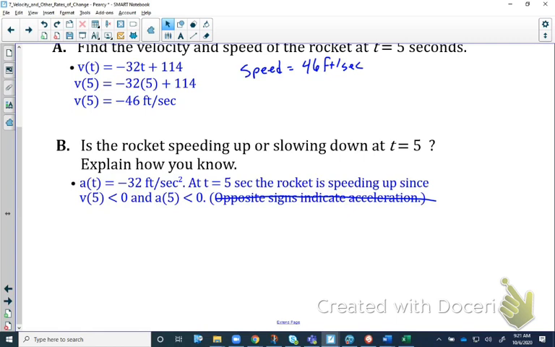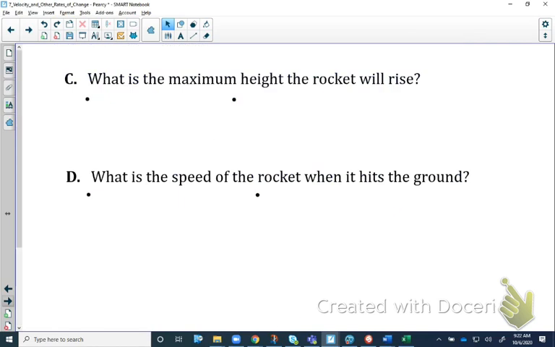So at 5 seconds, the rocket is going to be speeding up because the velocity and the acceleration at time equal to 5 seconds are both negative values. I had a typo there, they have the same signs, not opposite signs. That indicates that the object is speeding up at that point.